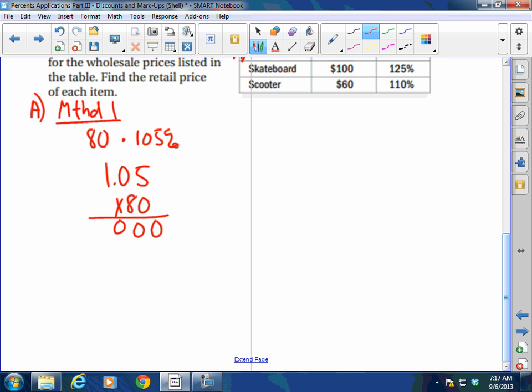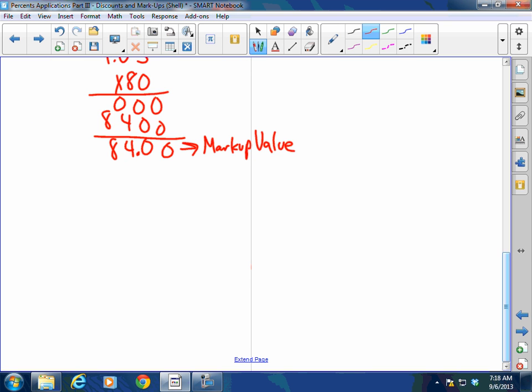So, all right, $84 is the markup value. Okay, it's the markup value. Now step 2, you have the $80, which is the original price, plus the markup of 84. So you've got $164 is the selling price or the retail price.